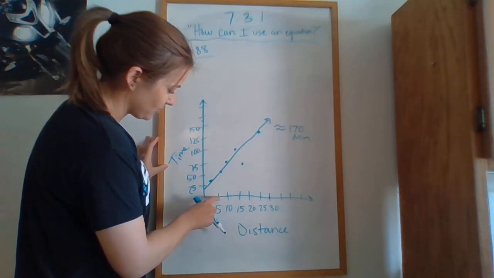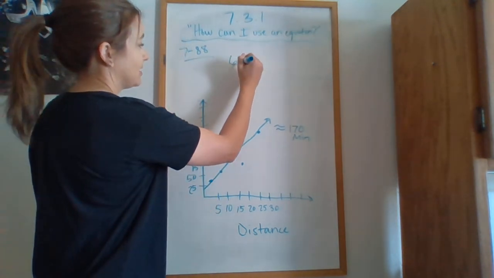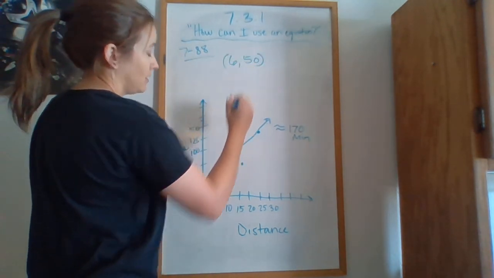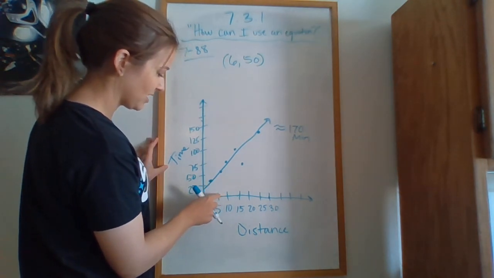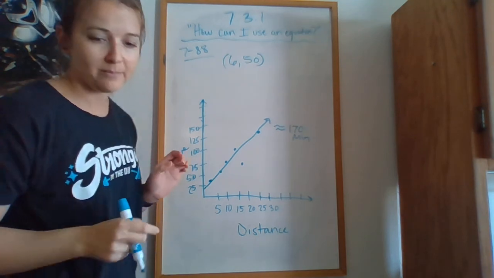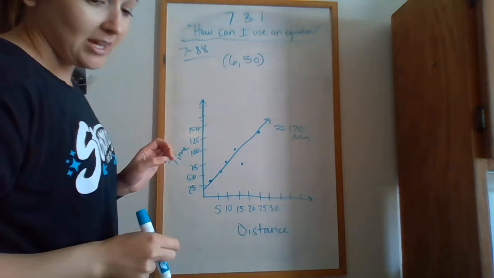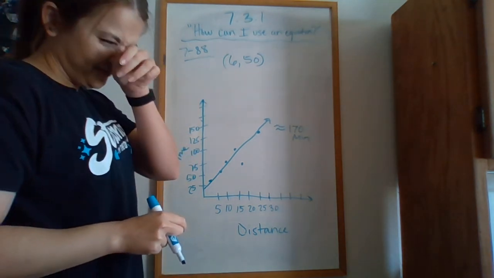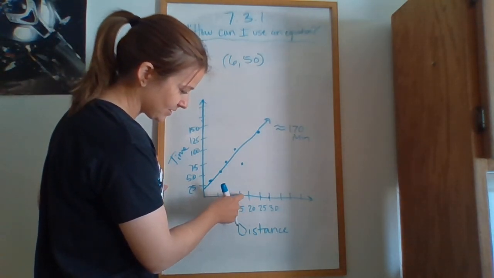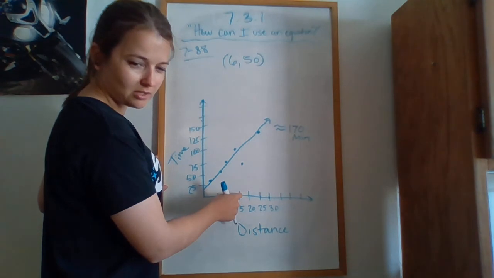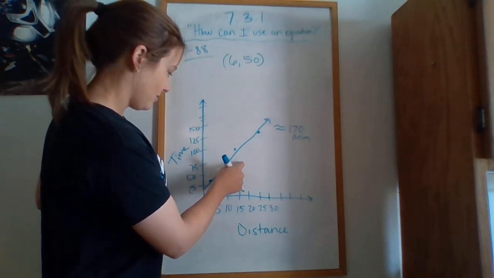So I found these 2 points, 6, 50. So over 6, up 50, and it kind of works on this graph that I made. Then I found another point, 17, up 110.